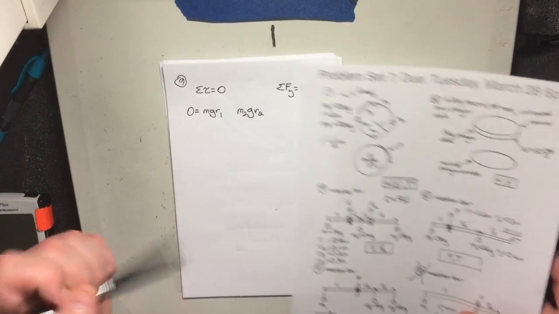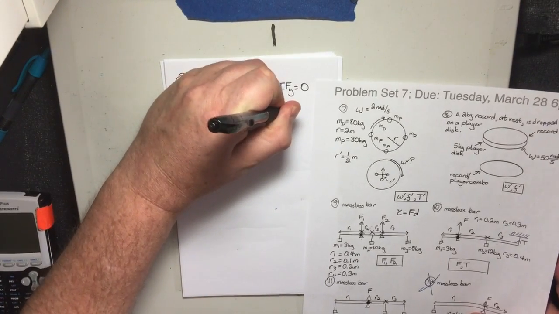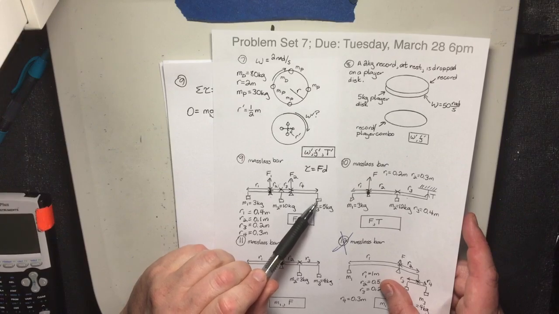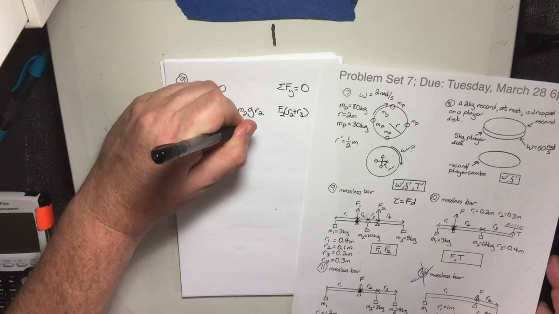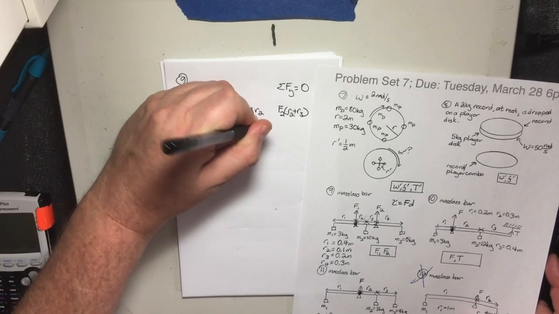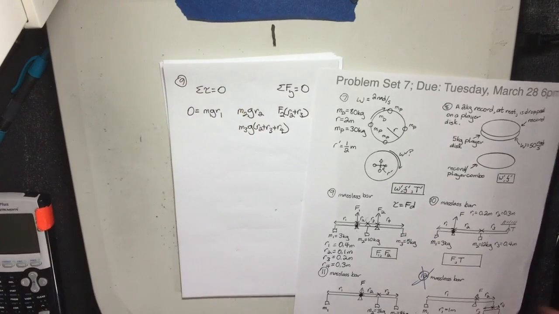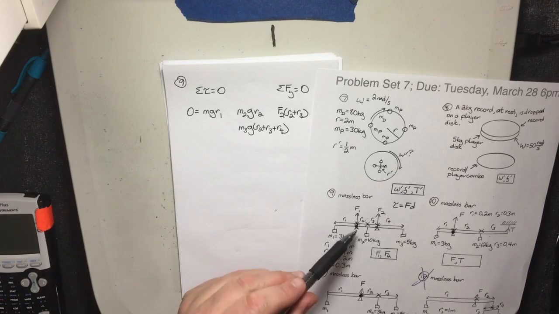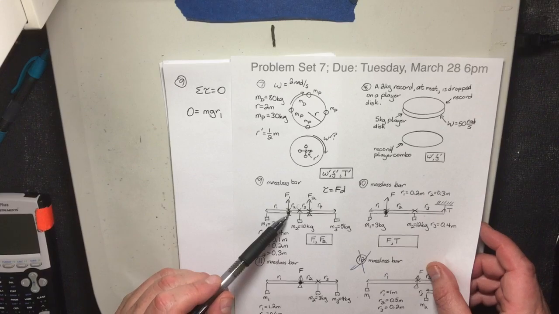F2 is the third torque. Its distance is R2 plus R3. And then the last force, M3G, R2 plus R3 plus R4. So you have to figure out what the torques are with respect to this particular rotation point.